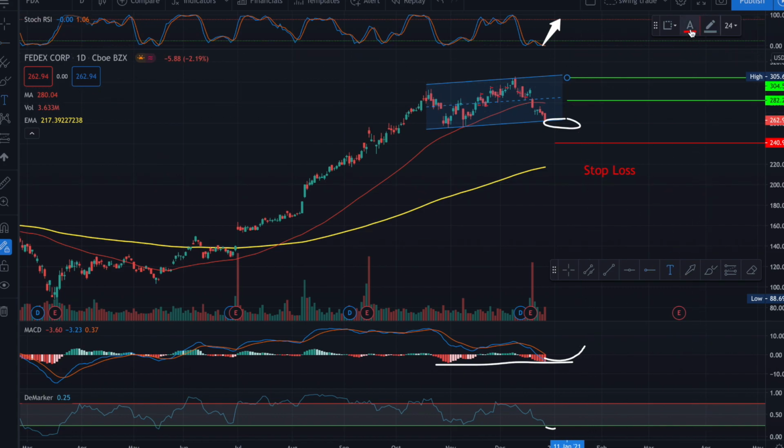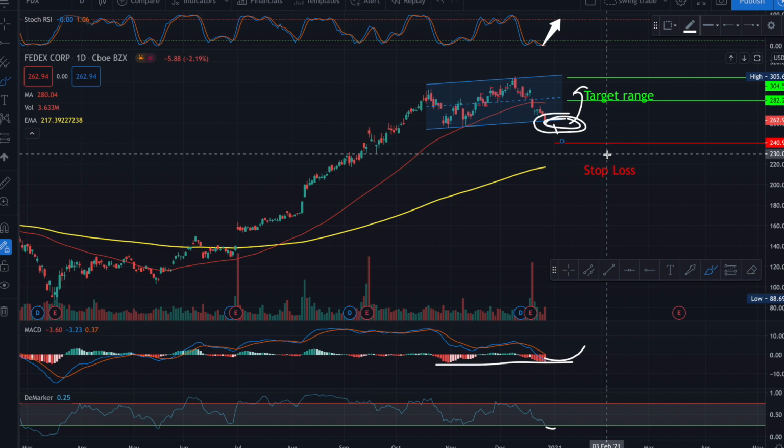So this is my target range. So again, on FDX, this is our buy zone. We're looking at the target right around the $282 to $305 range, and we'll cut losses after it breaks to the $240 area.